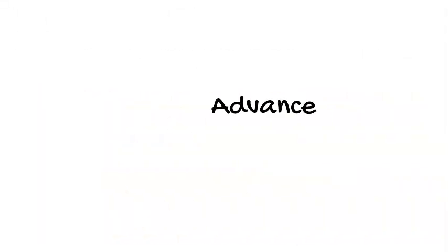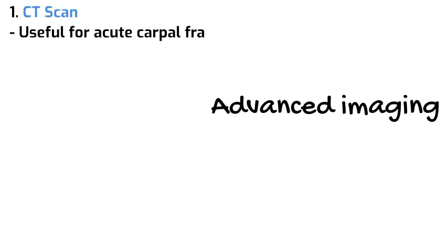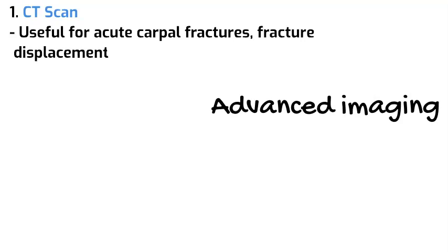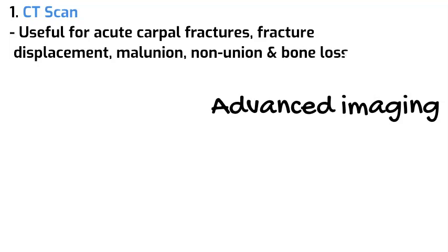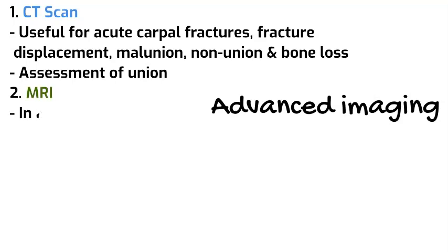For advanced imaging, number 1, CT scan. Useful for acute carpal fractures, fracture displacement, malunion, non-union, and bone loss. Helpful in assessment of union. Number 2, MRI.